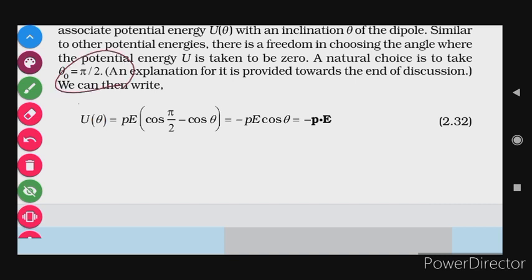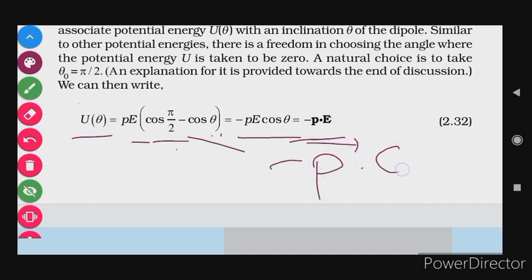And what will be the potential energy of the dipole at another angle θ? It will have some potential energy, as we have seen above, so that will be U(θ). Just put the value of θ0 as π/2 and θ1 as θ. Cos π/2 is 0, so we'll get minus pE cos θ, and we can write this in vector form as minus p vector dot E vector.